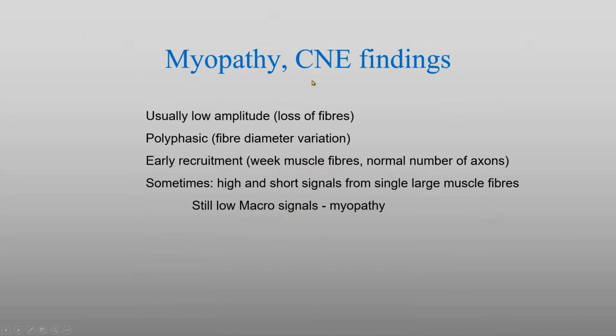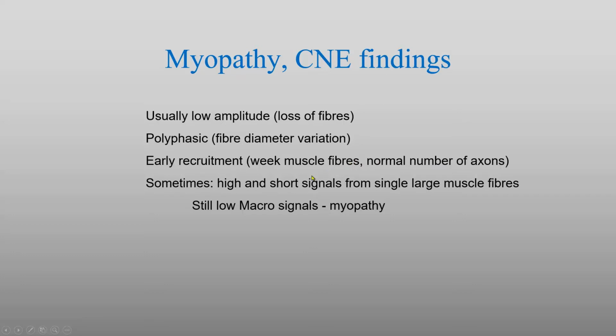The typical general picture for concentric needle EMG is that we have low amplitudes because of loss of fibers. We have polyphasic changes because of fiber diameter variation; some fibers conduct faster than others. We have early recruitment because of weakness of the muscle fibers, and we still have a normal number of axons.